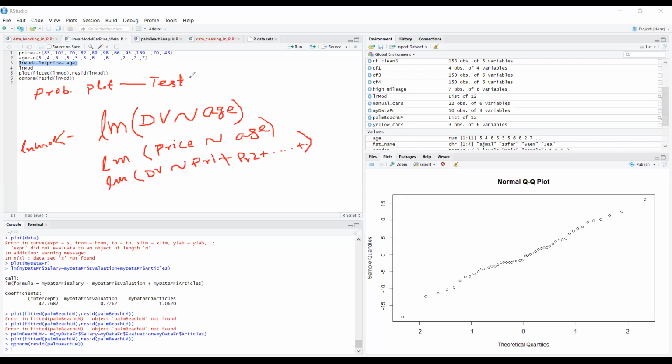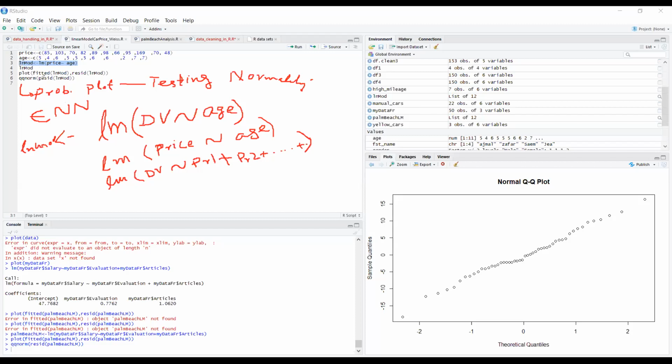Testing normality. Why is normality needed? Because I told you the error should be normally distributed. So this is the check. What will QQ norm do? It will plot the residual graph.